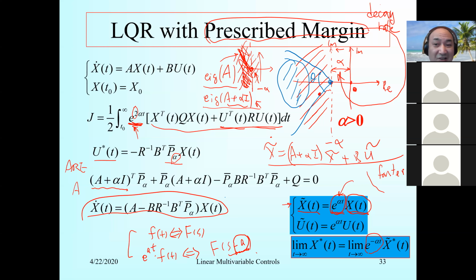The answer is yes. This is a research topic, and you can go and check the D-stability problem. Meaning you are given a domain, and you make sure your closed loop poles are within this domain and still maintain the LQR. So that's possible, yes.